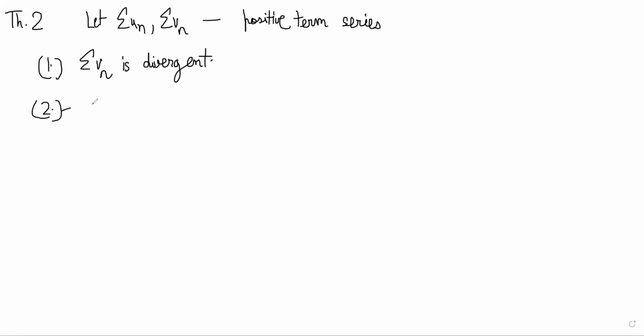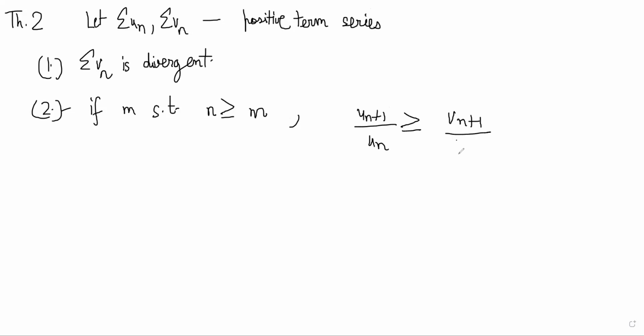The second statement is if there is m such that for all n greater than m, we have un plus 1 by un is greater than or equal to vn plus 1 by vn. Then un diverges.